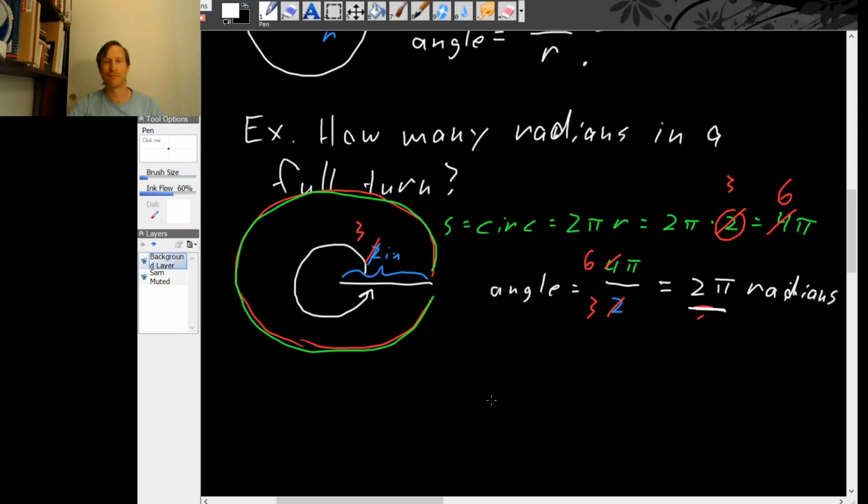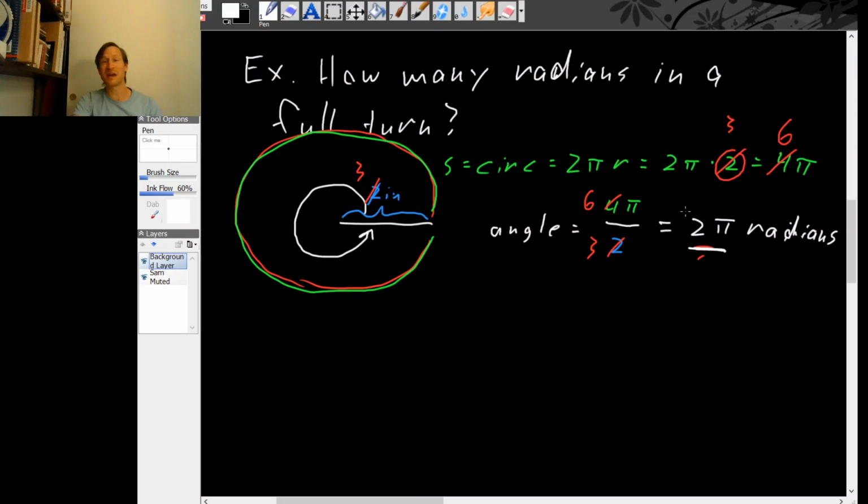So this measurement of 2 pi radians in the circle is really measuring something about the angle and not just the circle. As a bonus for knowing how many radians are in a full turn, now we have a conversion factor between degrees and radians. So a full turn is 360 degrees, but now we know that a full turn is 2 pi radians. So 360 degrees is equal to 2 pi radians.